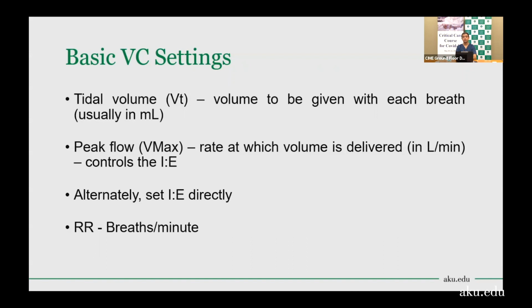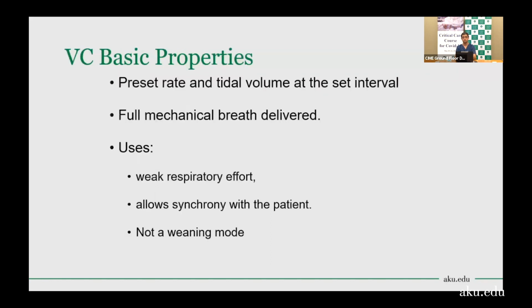Please keep in mind that if you make some change in the ventilator, make sure that you look at the other settings as well, because they may change accordingly. For example, if you change the peak flow rate, it will change the I:E ratio. So if you want to fix the I:E ratio, in certain ventilators you change it directly. In others, you may need to change it indirectly by manipulating the peak flow.